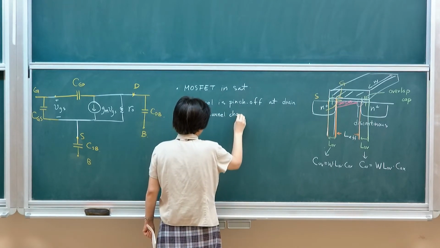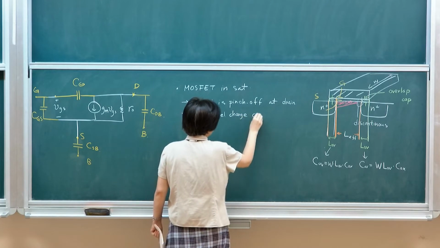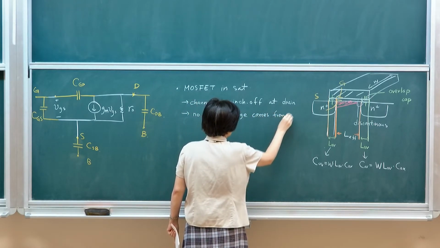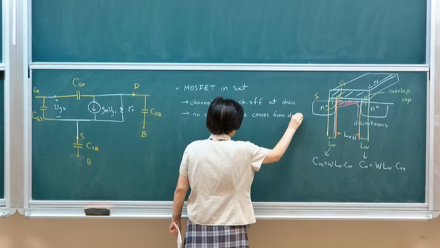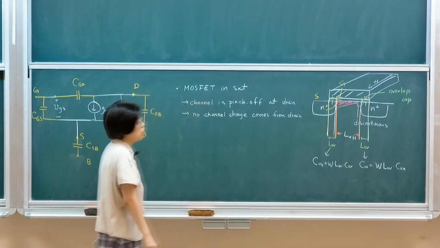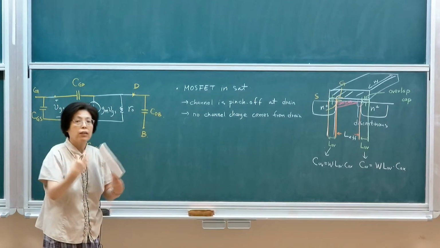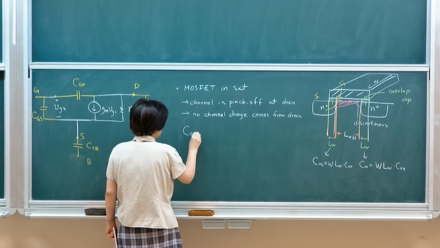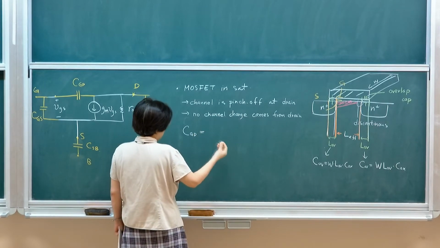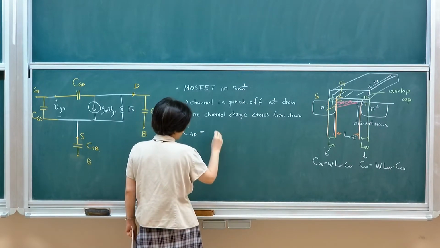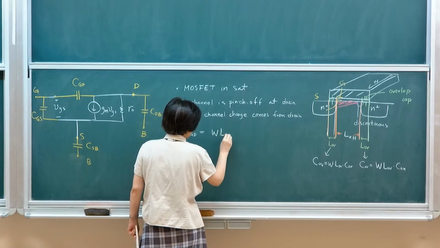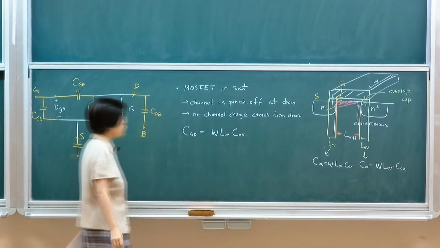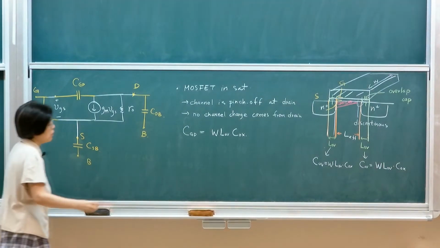The channel inversion charge comes from the source, meaning it's a discontinuous channel at the drain. Therefore, it's not providing charge into the channel. Therefore, your CGD will only be composed of the overlap capacitance. CGD is only the overlap capacitance.